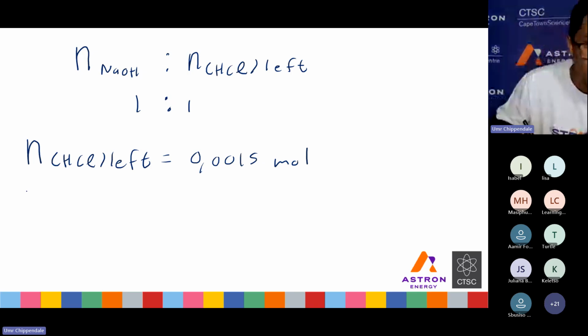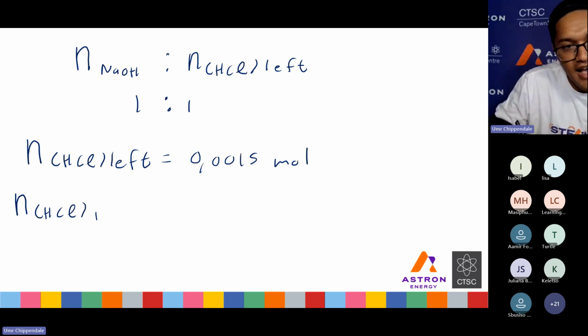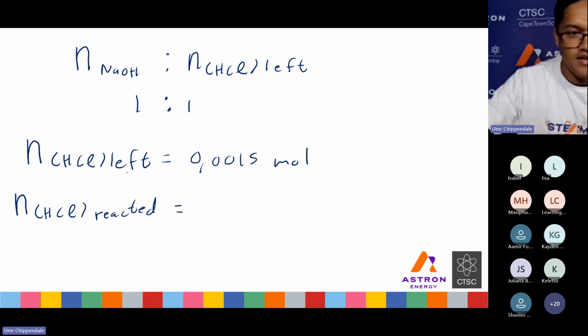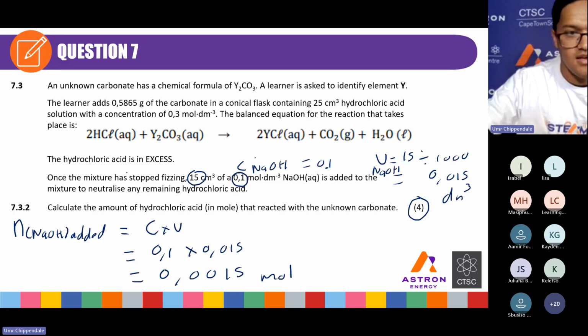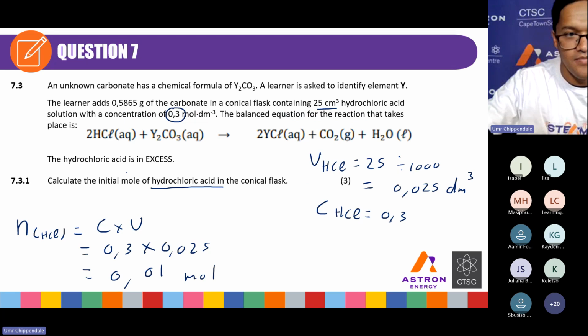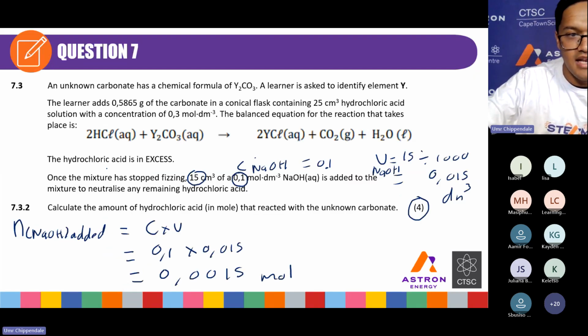Now, that is what is left, so this is what was not reacted. So what you can now say is that the number of moles of your hydrochloric acid that actually reacted in this reaction. Because remember, in 7.3.1, this is our initial amount that we had. The initial mole that we had, this was left over because this is what the NaOH was added to once the reaction completed.